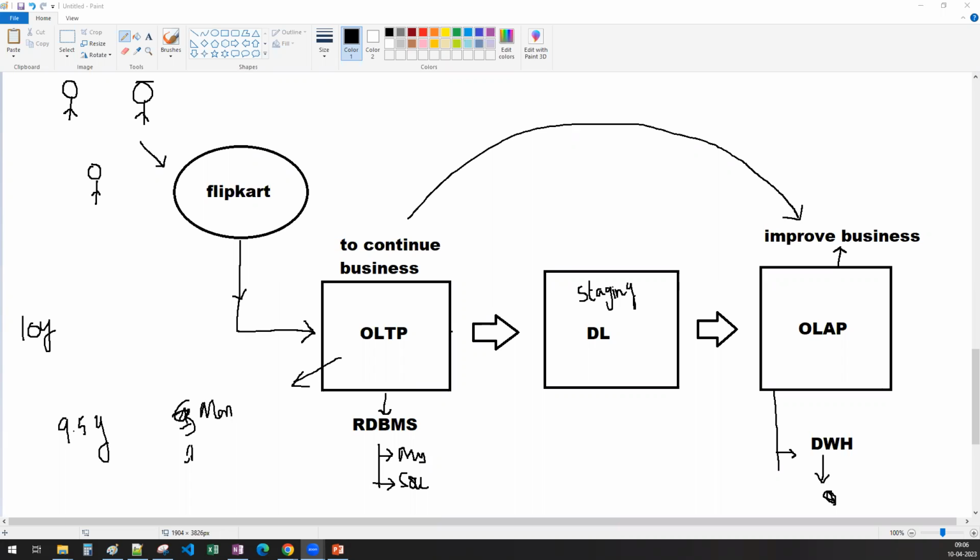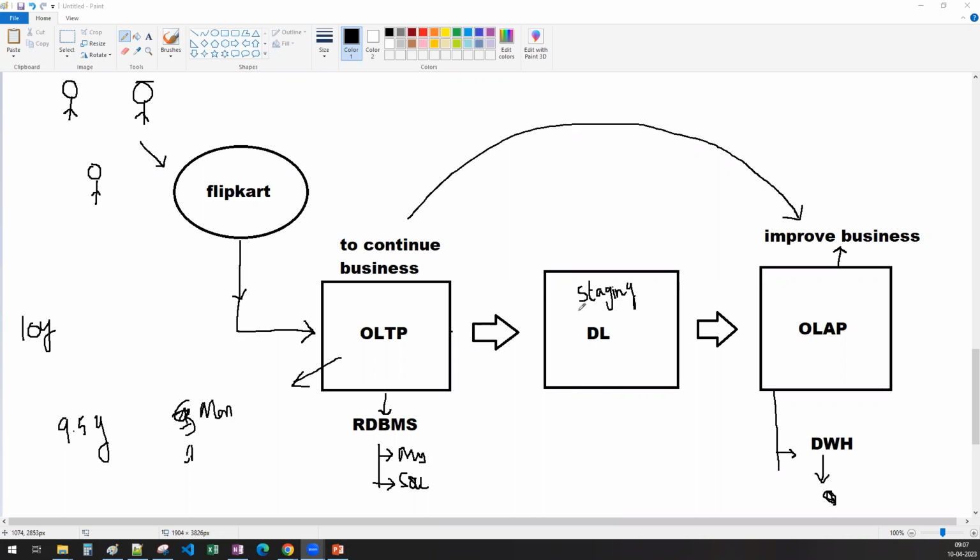This year's sales are this much, but how were last year's sales? And the year before? That's the reason they write queries on top of it. In Tableau, people write it in a different way, and even in SQL we can write this kind of query. So this is how you move the data.